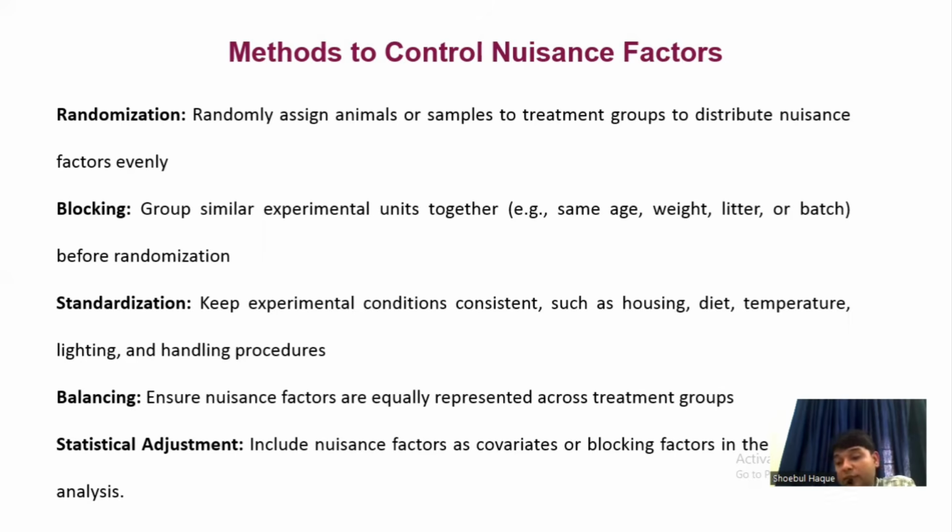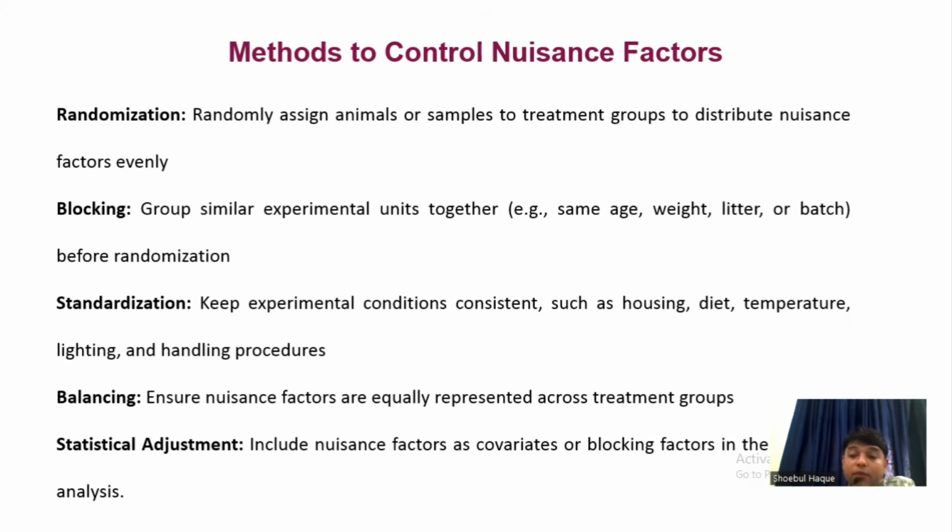What are the nuisance factors? Some factors can also alter your results other than drugs and other interventions. Drugs and interventions are known as the factors of interest. But a nuisance factor, like suppose we are going to do research on the weight of the rats, and we are introducing some drug to the rats.